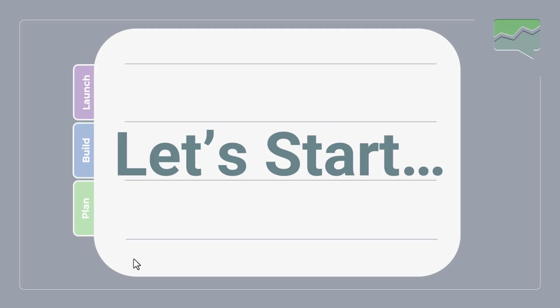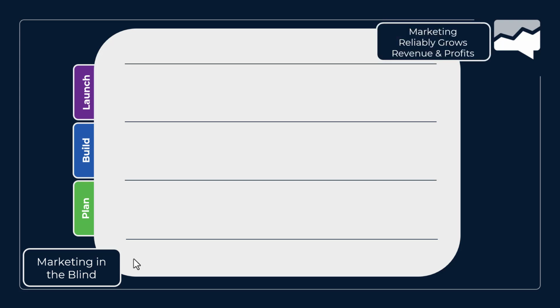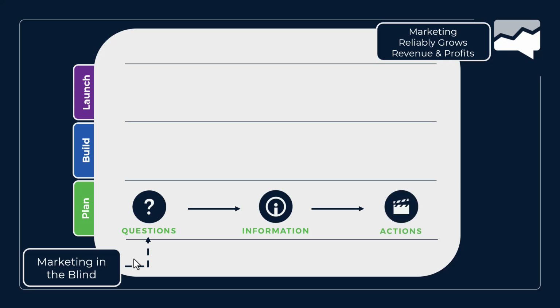Before we dive in, let's talk about our measurement marketing framework. It helps you go from marketing in the blind to marketing where you can reliably grow revenue and profit. There are 3 key steps: plan, build, and launch. In plan, it's all about knowing the questions you're going to ask, the information you need to answer those questions, and the actions you're going to take when you have those answers. That is super important because you need to be able to take action, right?